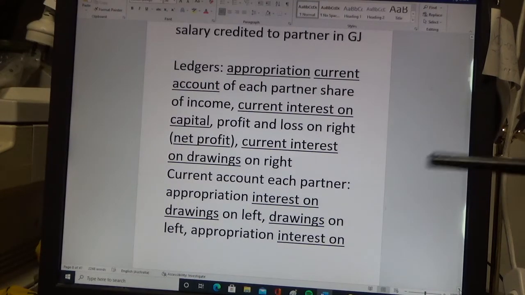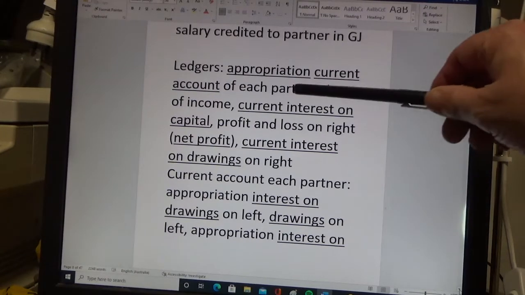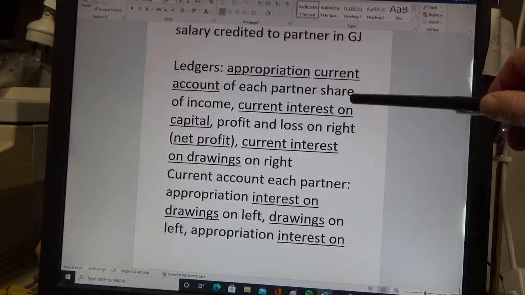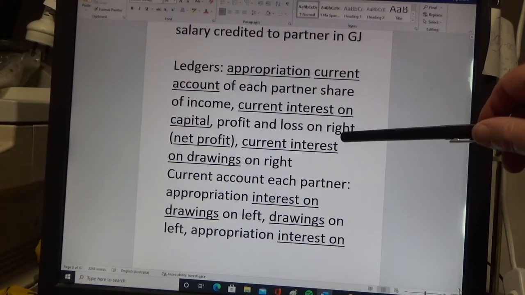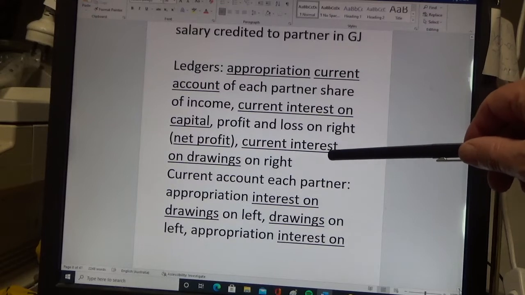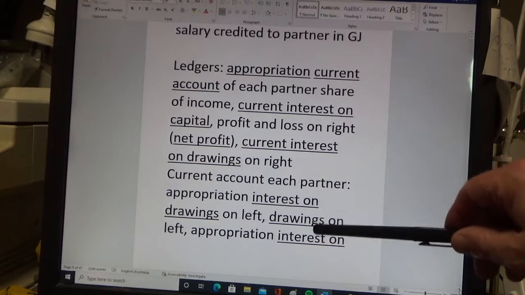So all these, now to general ledger, GL, all these T-shaped ledgers: profit and loss appropriation, current account of each partner's share of income, current interest on capital, profit and loss, net profit, current interest on drawings, another T-shaped ledger.